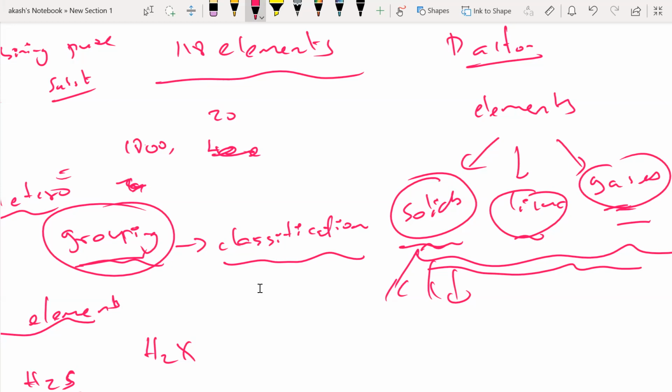We will be able to predict the properties of new elements with the help of classification. So these are the reasons why we go for classification, not because we don't have any other job. It is going to make the study of chemistry better and more efficient.